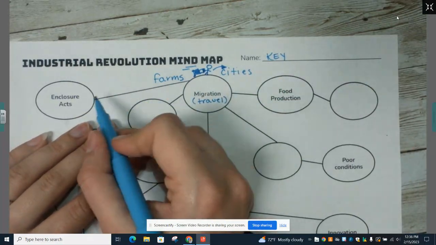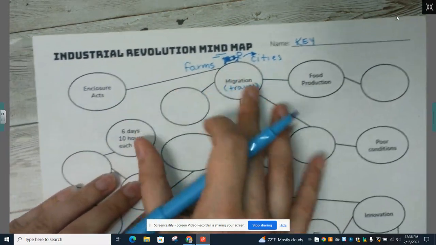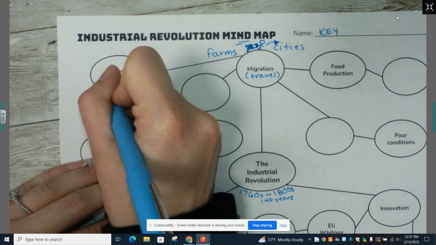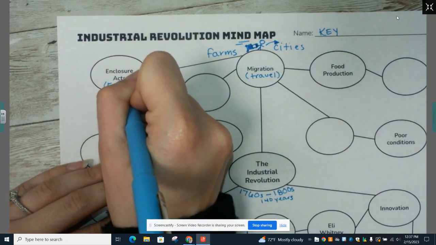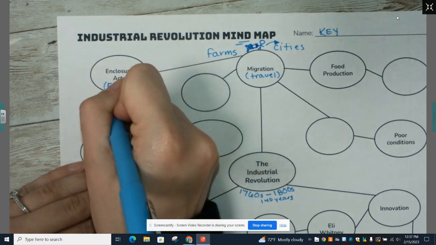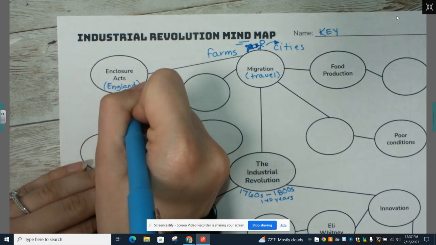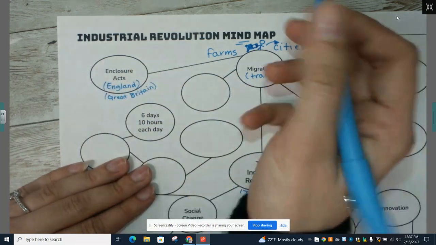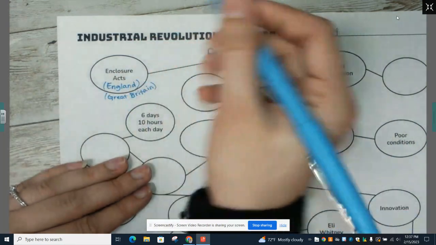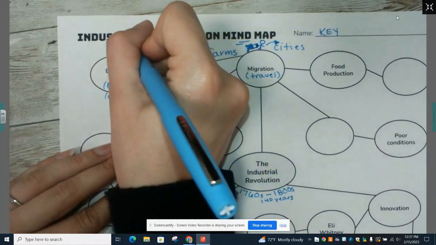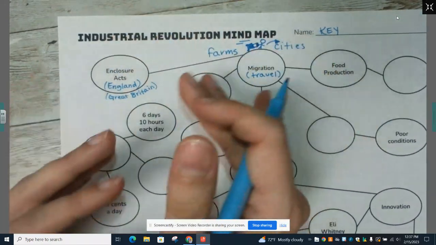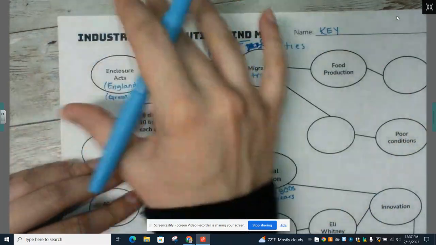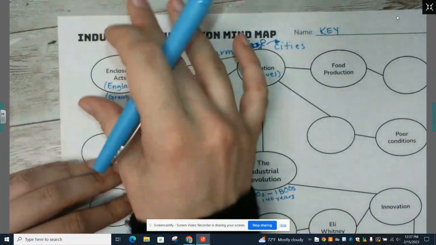And there were a couple of reasons why this was happening. First off, people were leaving their farms because of the Enclosure Acts. And these Enclosure Acts were taking place in England, or another fancy word for that is Great Britain. Okay, and these Enclosure Acts basically made it so that people's farms were a lot smaller and it was easier to regulate or to control these lands.